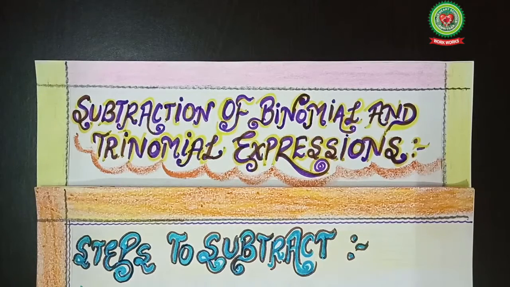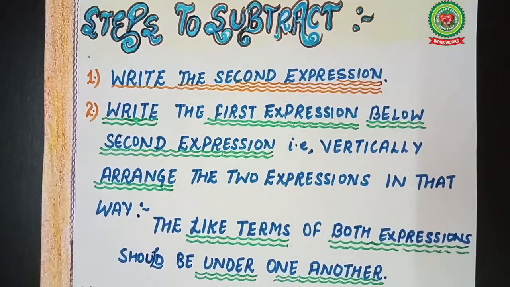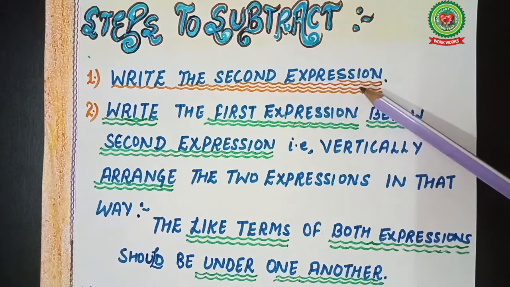Students, as you know, whenever we subtract binomial as well as trinomial expressions, we follow some specific steps to subtract the given expressions. So let's quickly recall all those steps that we discussed in the last video. Number 1, write the second expression.